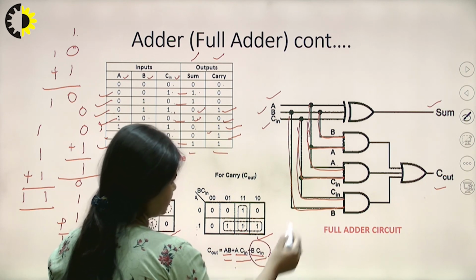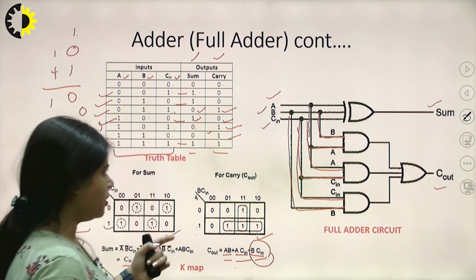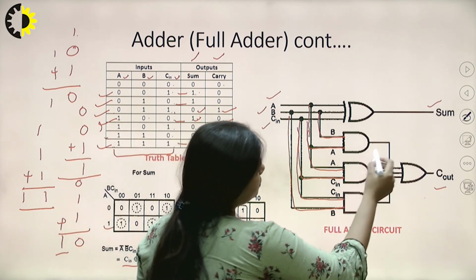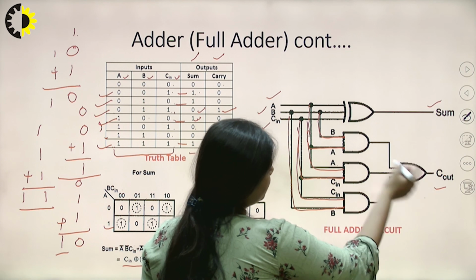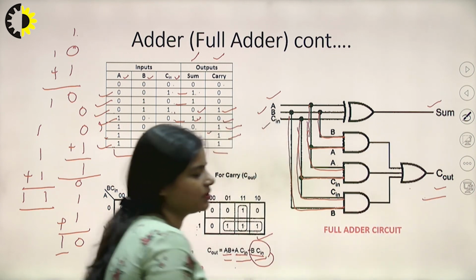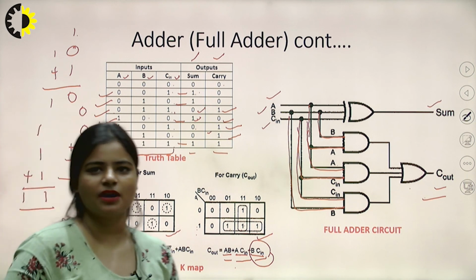Then we apply an OR gate among all these 3 outputs, and we get our C out, the main carry output.